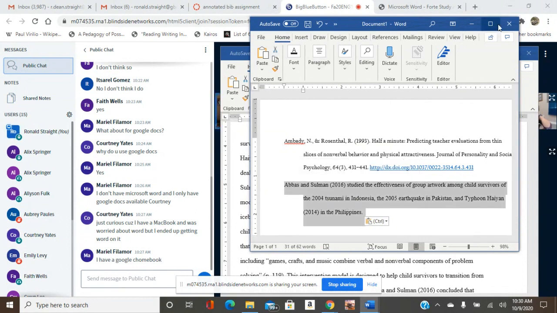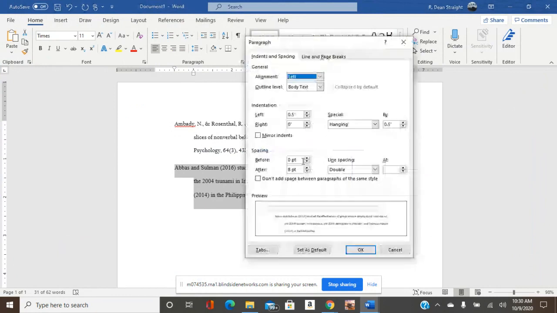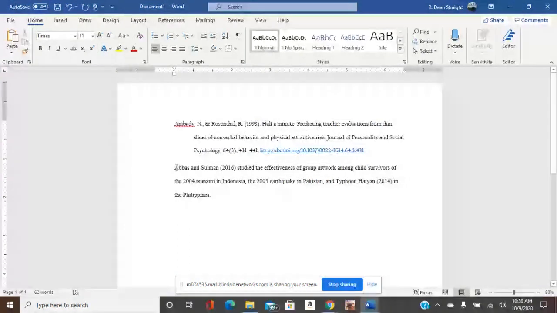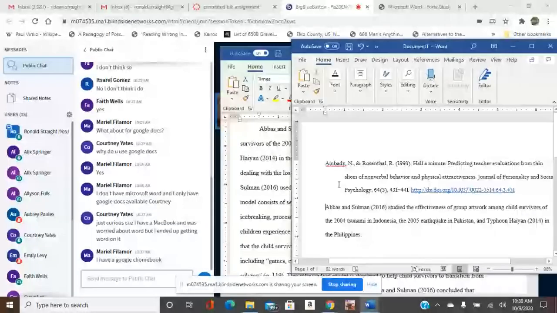You literally just take it off. And it's fixed, right? And now I can tab this and it's totally fine. But in an annotated bibliography, you do not tab paragraphs unless you have the tab set correctly. You do tab them. See how I can mess with it?